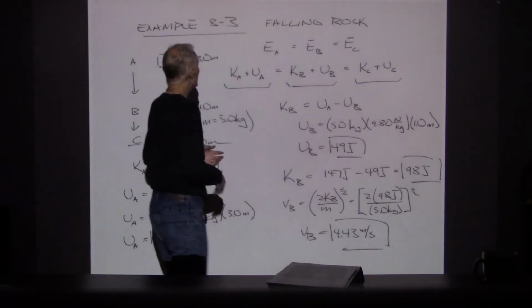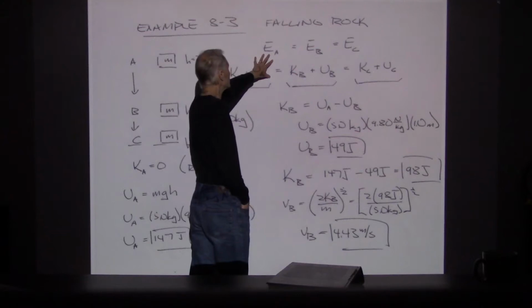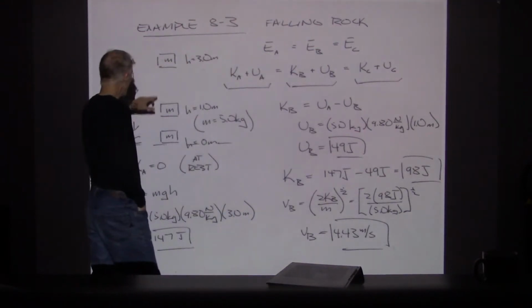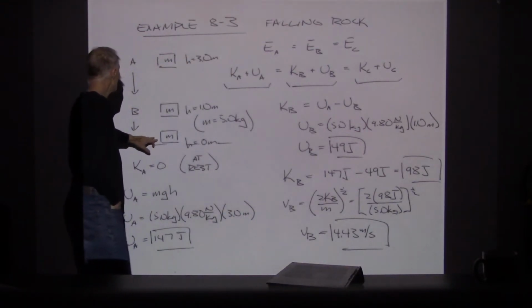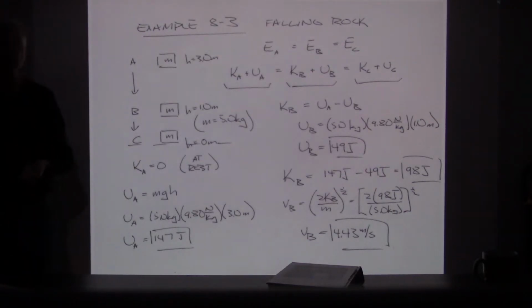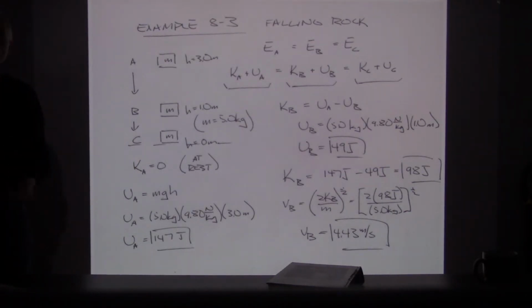So we'll say that the total mechanical energy at each of these points is equal, and that's because the only force at work here is gravity, and gravity is a conservative force.